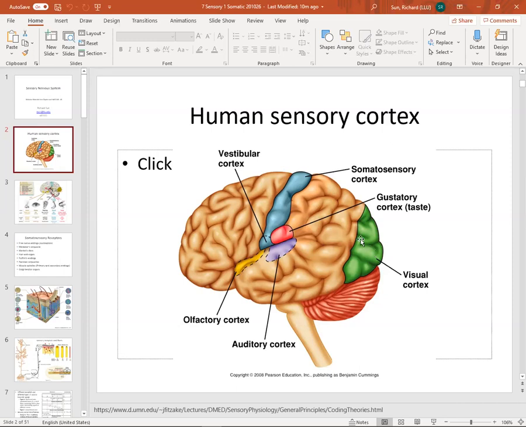If we have time, we will talk about all of this. Since we are time limited, we will focus on the somatosensory and also the visual system to give us some idea about how sensory function is processed in the brain.